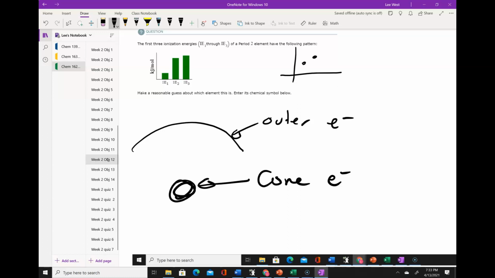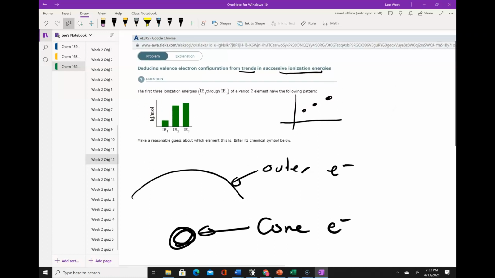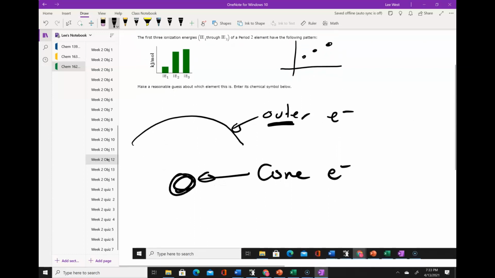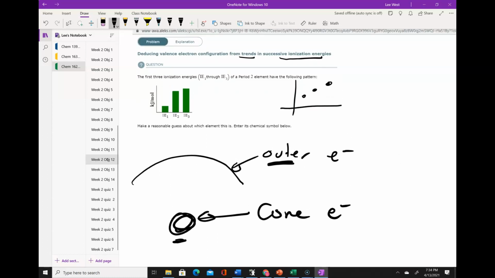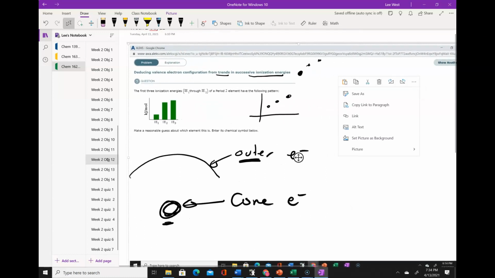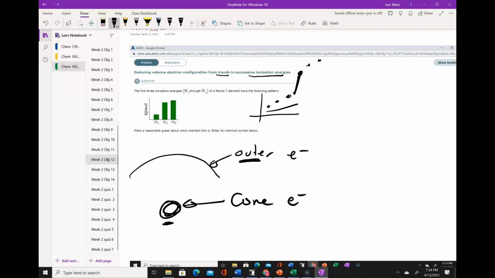You remove the second electron, it's tougher. You remove the third electron, it gets harder still. The thing to keep in mind is once you've removed all of the outer electrons, it's really, really hard to remove the core electrons. So at some point you get a big jump and then they start increasing steadily again. That big jump occurs in between the valence electrons and the core electrons.